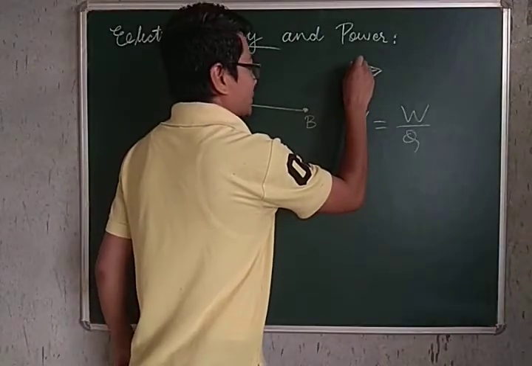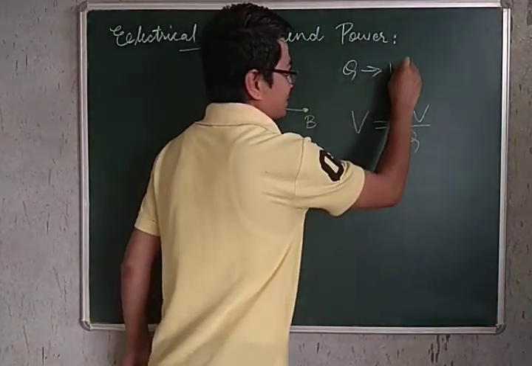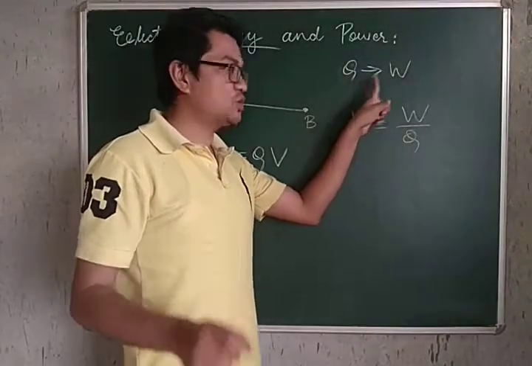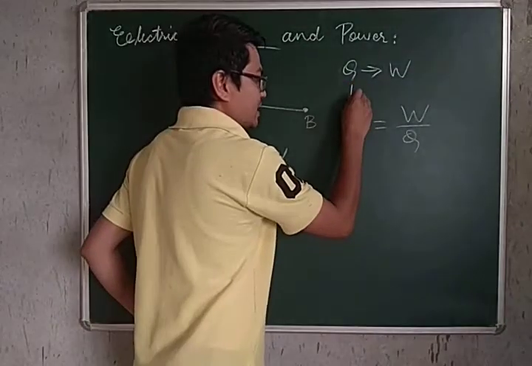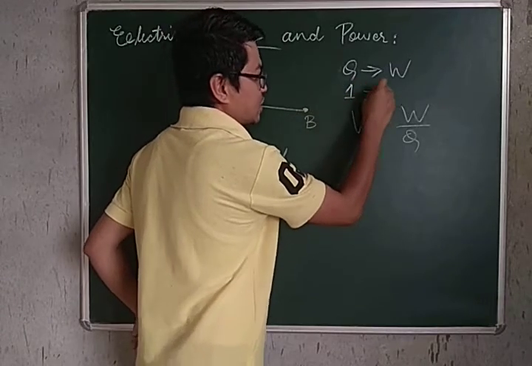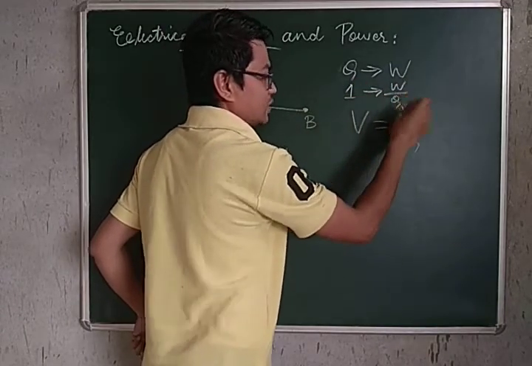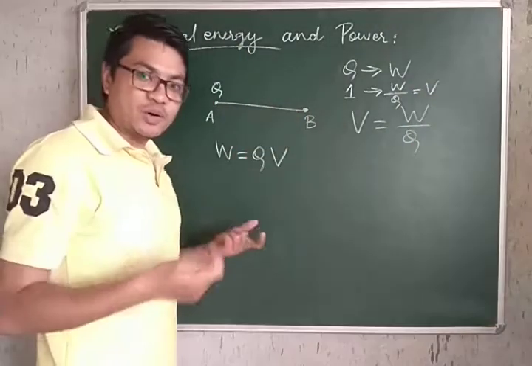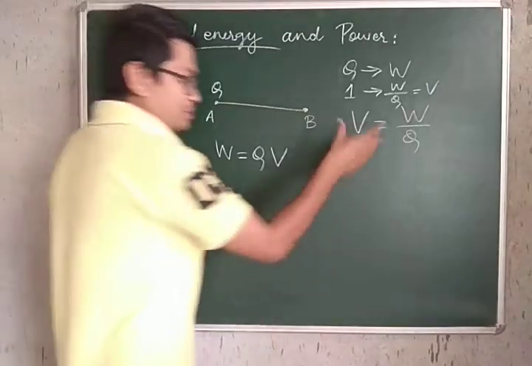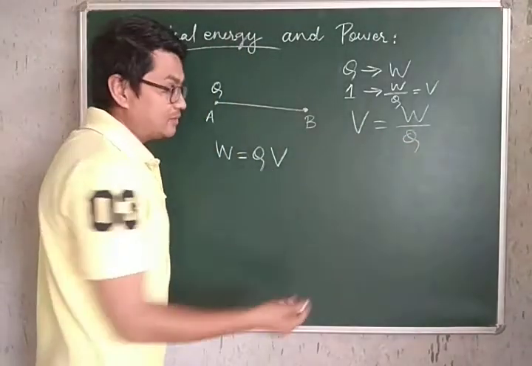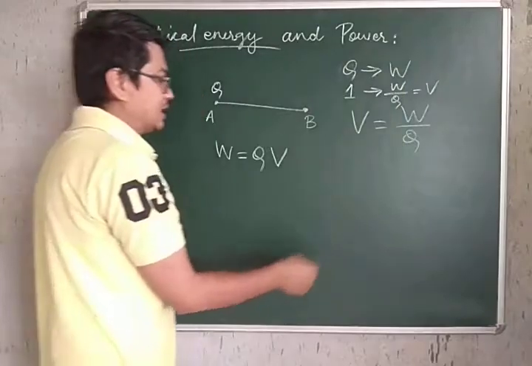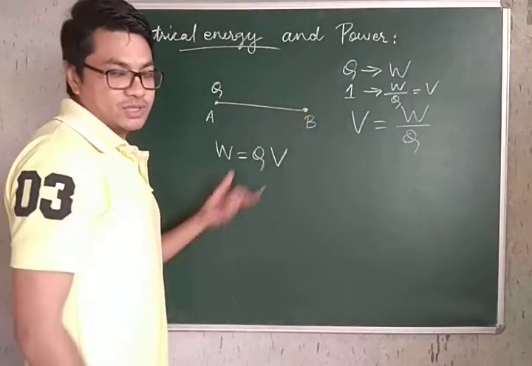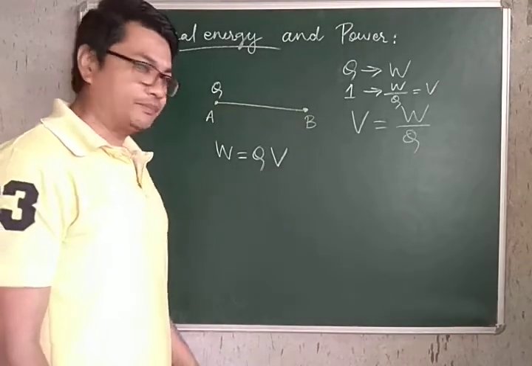If the work done to take Q amount of charge is W, then the work done to take 1 or unit amount of charge will be W by Q. And of course, this is what is called the potential difference between these 2 points. So from the definition of potential difference itself, we see that the work done to take charge Q from point A to point B is W, which is equal to Q into V.